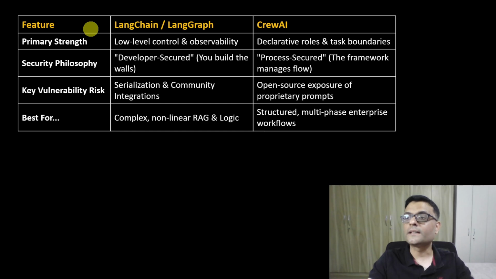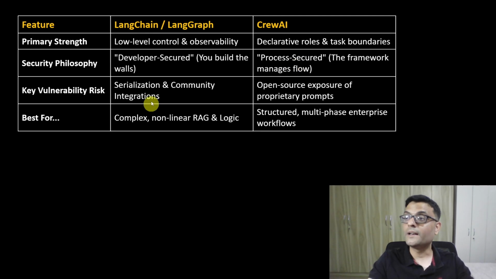Here I am summarizing the properties and features of both LangChain and CrewAI. The primary strength for LangChain is the low-level control and observability, while the primary strength for CrewAI is declarative roles and task boundaries. The security philosophy for LangChain and LangGraph is developer secured. You build the walls. In CrewAI, it is process secured. The framework manages the flow.